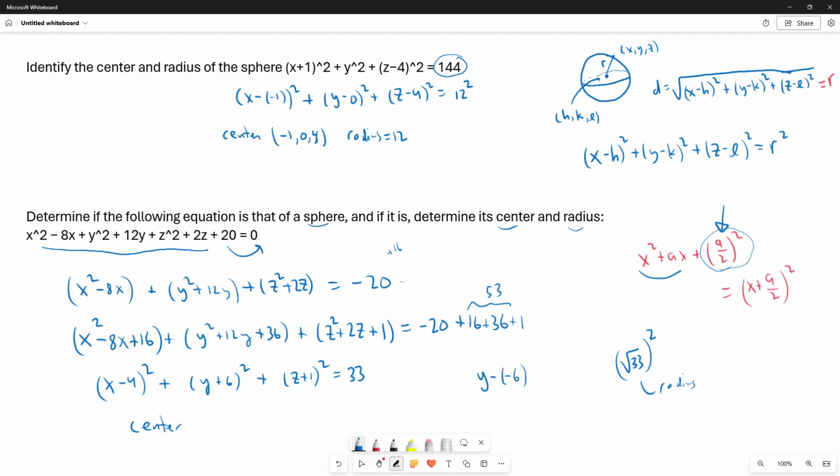So the y coordinate of the center is going to be −6, because we have to have y minus the coordinate. So a plus here has to get converted into a double negative. So the center is at (4, −6, −1). And the radius, as mentioned, is the square root of 33. So we did have a sphere, found the center, and found the radius by completing the square.